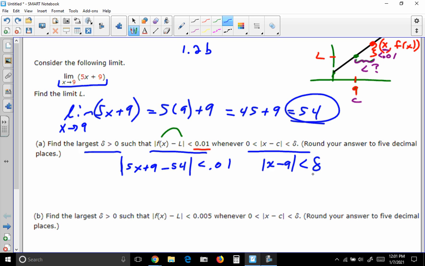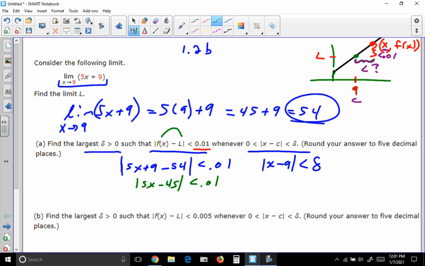So we're looking for delta. How do we do this? Well, we need to simplify this absolute value. We get 5x plus 9 minus 54, that's 5x minus 45.